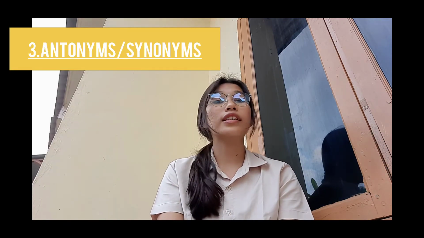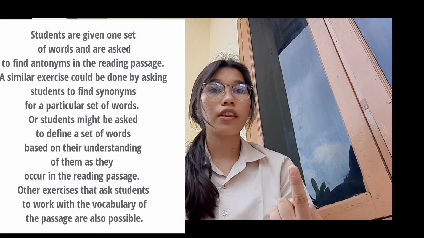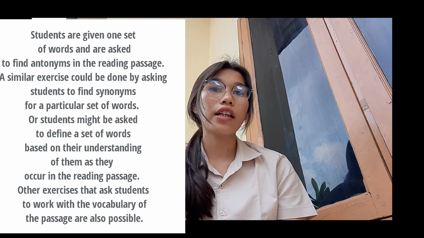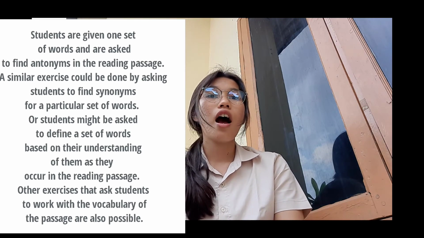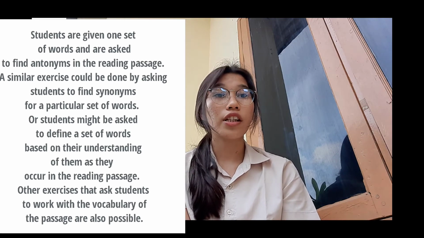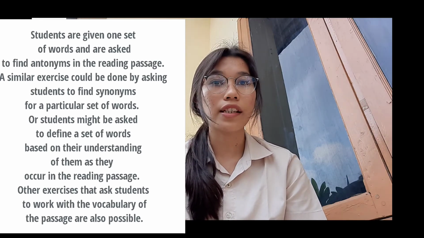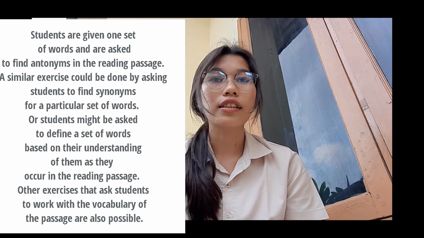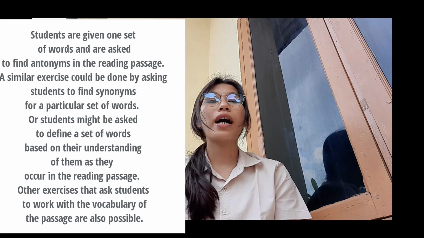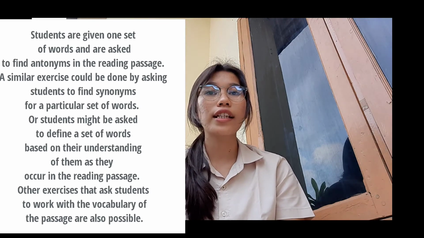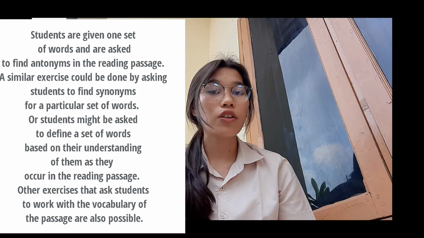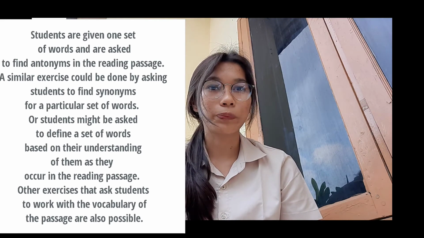Antonyms or synonyms. Students are given one set of words and are asked to find antonyms in the reading passage. A similar exercise could be done by asking students to find synonyms for a particular set of words.